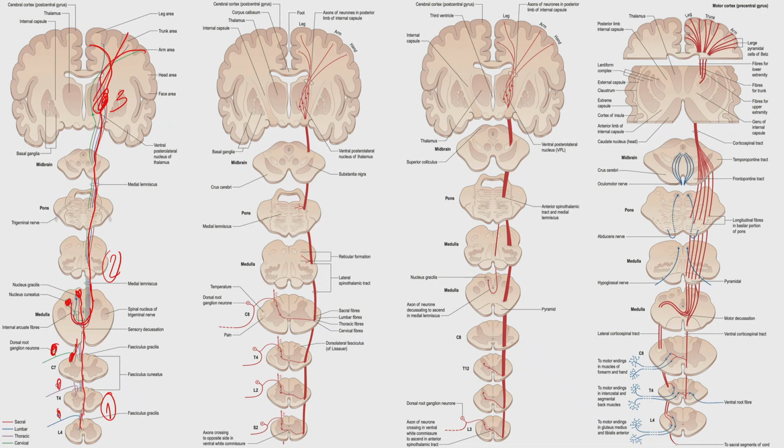On the other side, here is the distribution: leg, arm, and head. They are going to the mesencephalon, pons, medulla oblongata, and then this is going to L4. This is sensoric again.